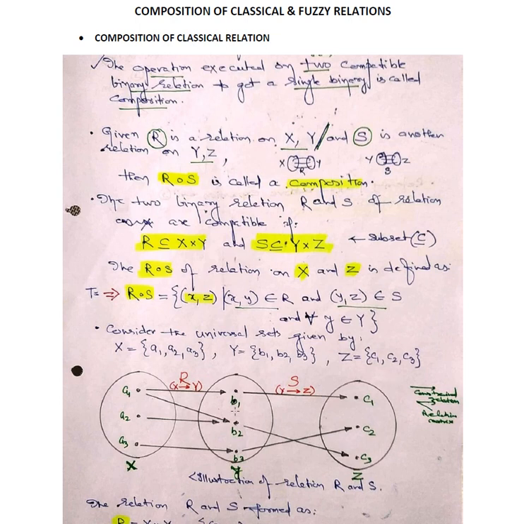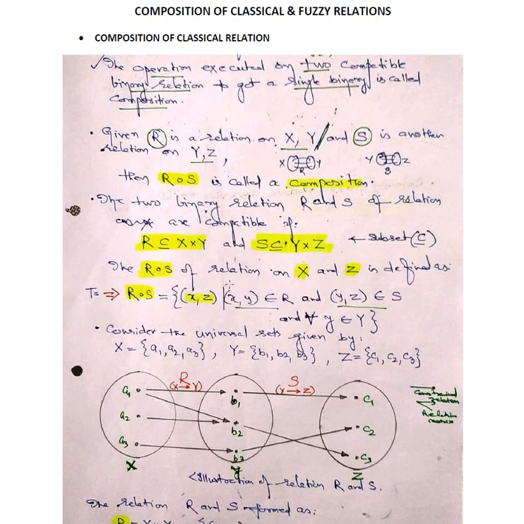These two you map in such a way that S is a subset of Y cross Z. Now with these two separate relations, you find a common relation.